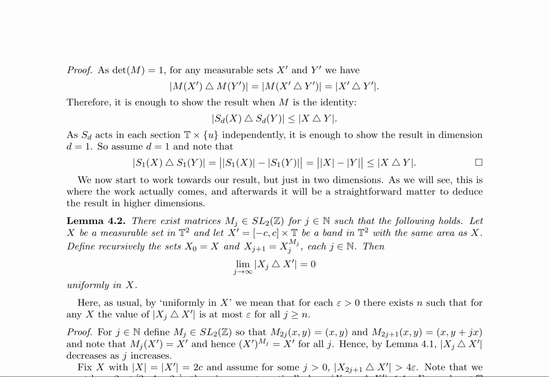A crucial step in the proof is the establishment of lemma 4.2, which states that for any measurable set X in T², there exists a sequence of matrices M_j in SL_2(Z), such that the sets X_j, defined recursively as X_(j+1) equals M_j X_j, converge to a band X with the same area as X. This convergence is uniform in X. The proof of lemma 4.2 relies on the construction of the matrices M_j, which act independently in each section T times {u}.